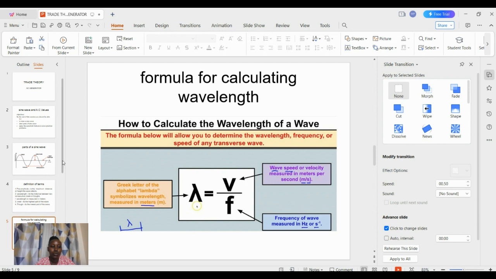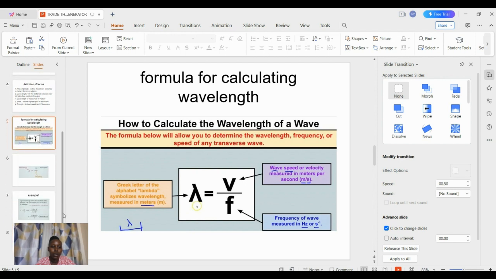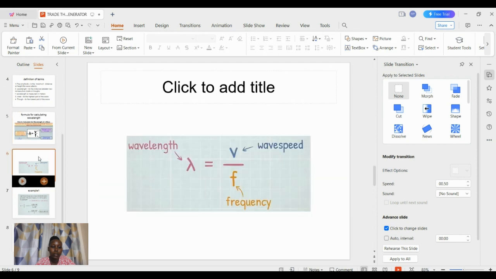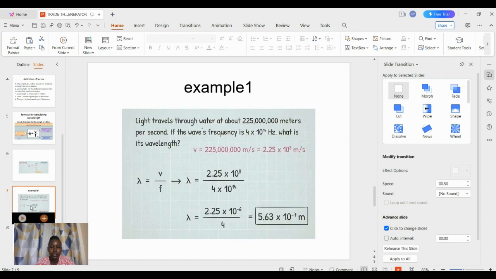So this is a simplified formula whereby wavelength is given by wave speed or velocity divided by the frequency. Ensure you memorize this formula because you're going to apply it to various examples. So this is our example number one. Let's apply the formula you have learned to calculate wavelength.